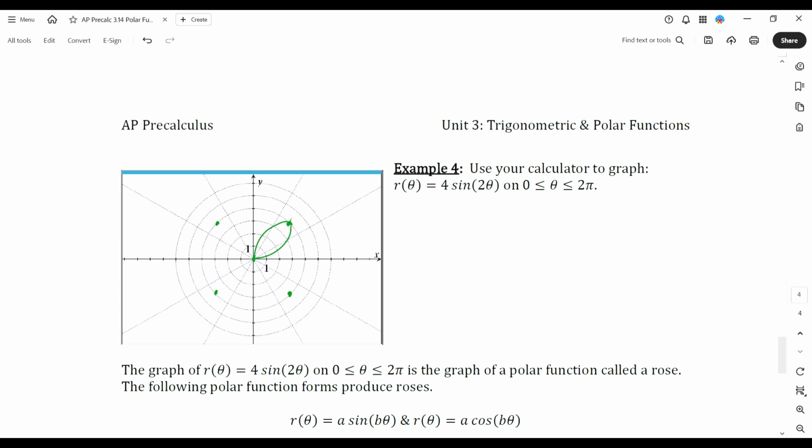So radius of 4, 3 pi over 4 reflected across. There's the next petal. There it is.